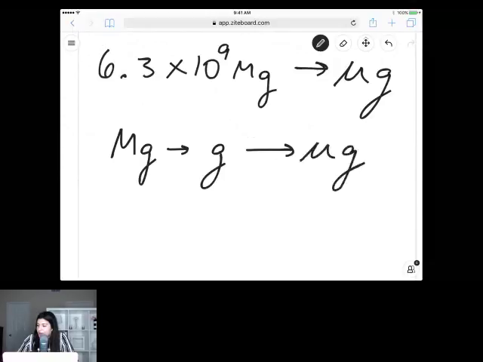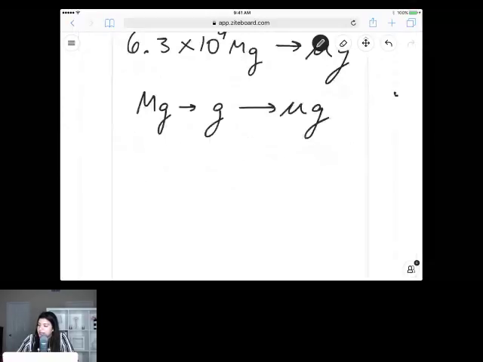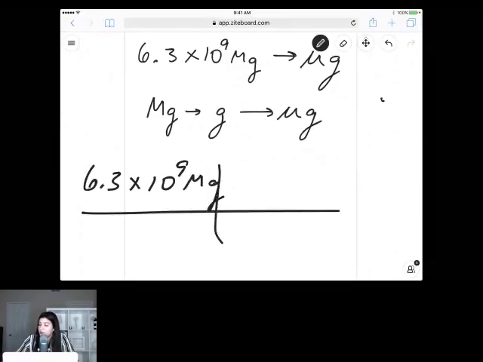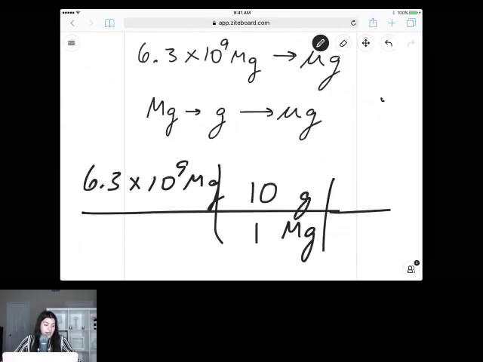Taking 6.3 times 10 to the 9th megagrams, I'm then going to get to grams. We had to know that trick again, where our different unit, the megagram, gets the 1, and mega is 10 to the 6, which I'll place with the base unit, grams.